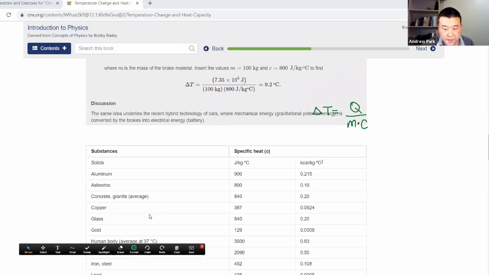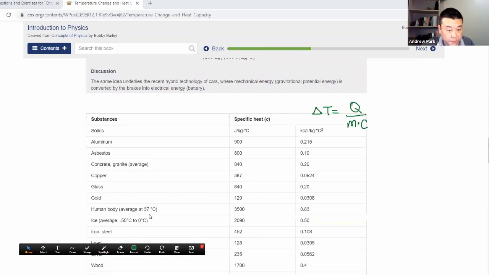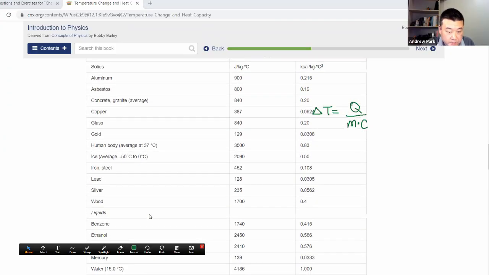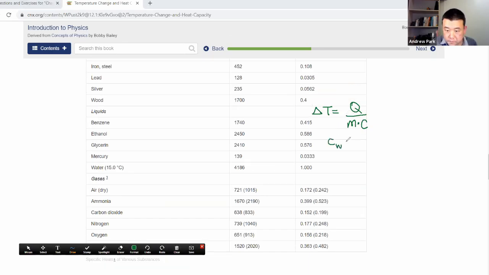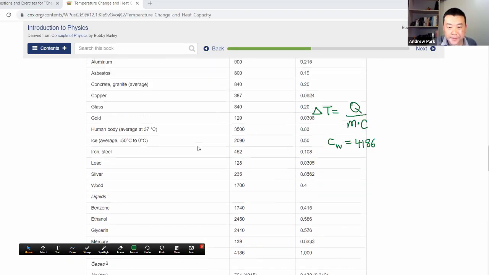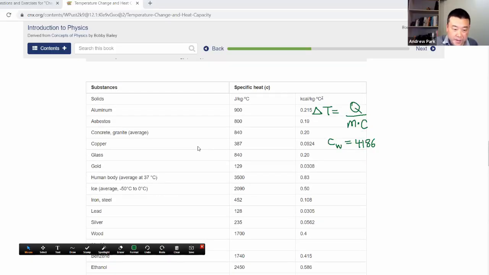Let me just copy that here so that I have it to refer to. I believe the substances were water, for 4186, and let me go back up so that I can see what it was. The unit, okay. And unit is good to keep track of to make sure that you did everything right.